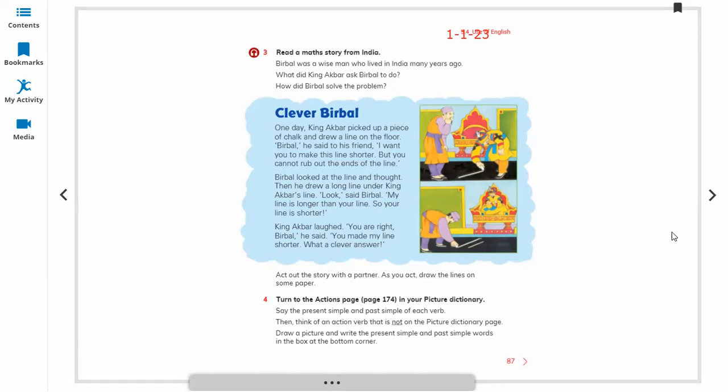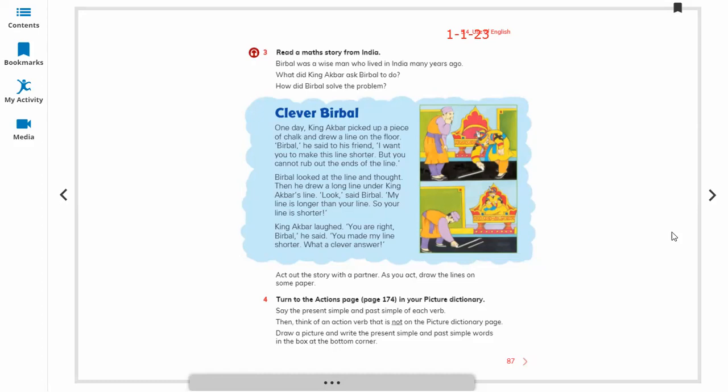So Birbal was the clever one. He took a piece of chalk and drew a line under King Akbar's line. So this made King Akbar's line shorter.